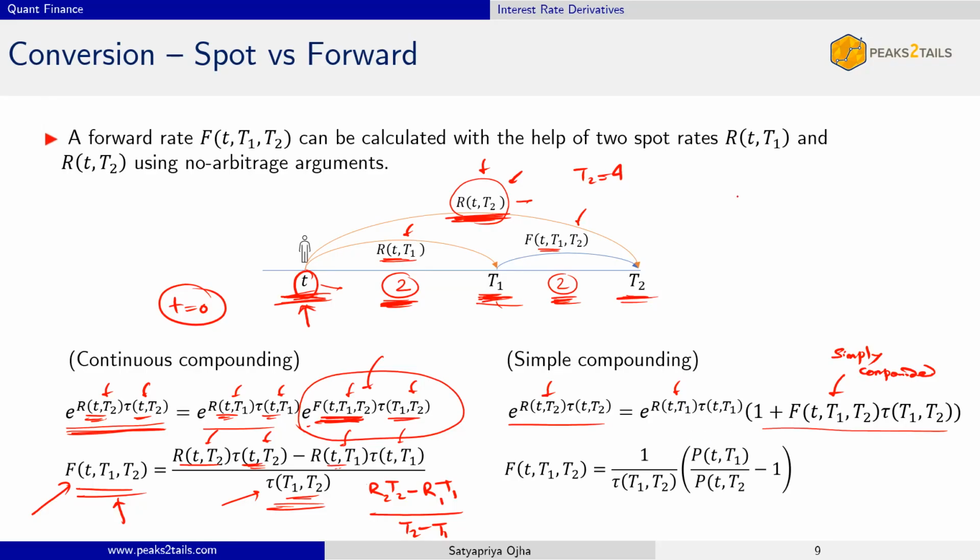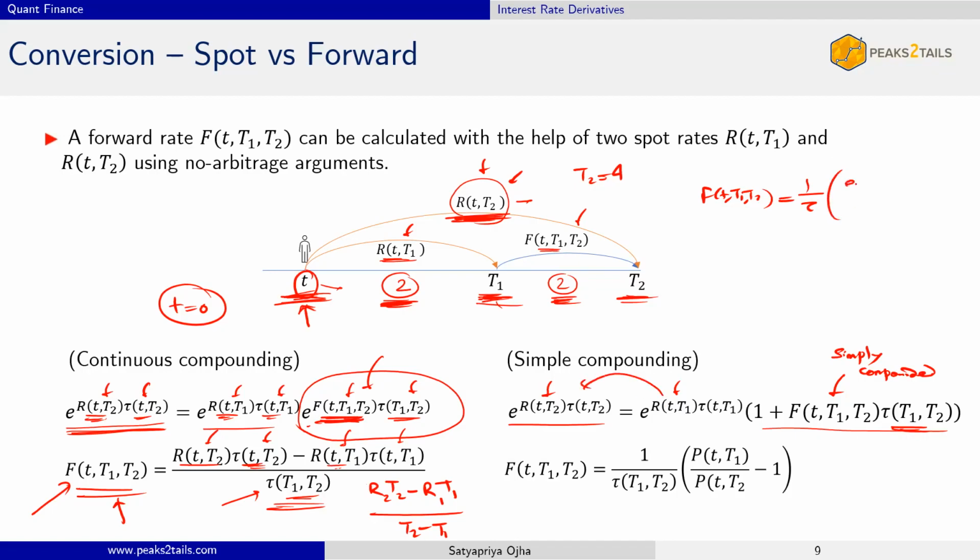And if you simplify, you get, okay, there is one step involved. Let me quickly do this. So we get f(t,T1,T2) is equal to, this will come down as 1 by tau, this will go to the other side.